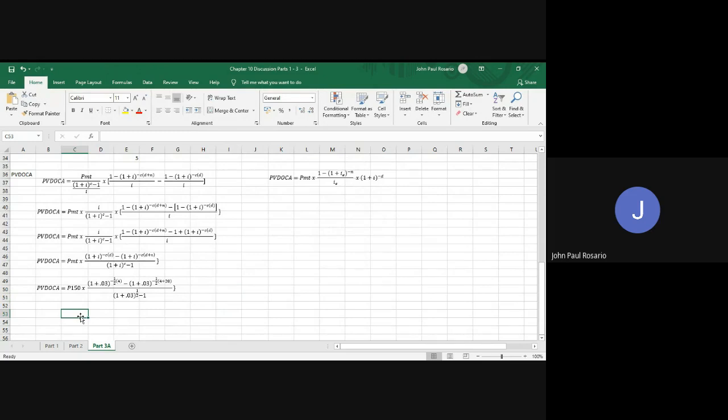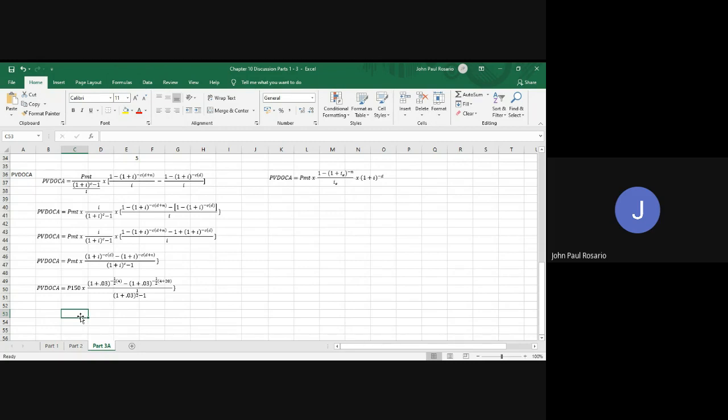So this is 150, 1.03, we raise that to -2, right? Because -1/2 of 4 is -2, and we deduct from it 1.03 raised to the power of -12, right?